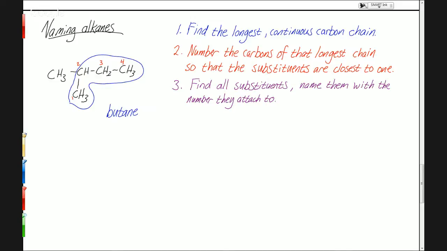To do this, we need to know something about substituents. First we can find them. That's easy with this one. There's only one. There's our substituent. But substituents get named a little bit differently, so let's talk about them.